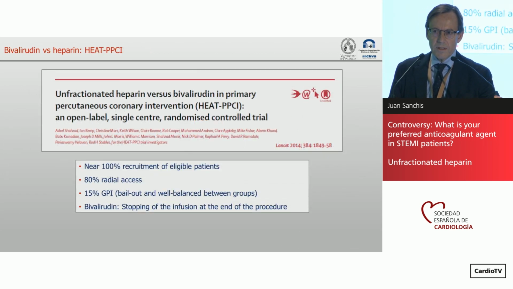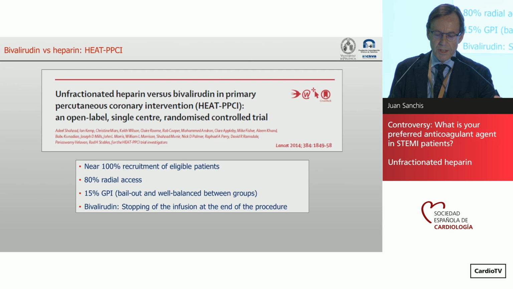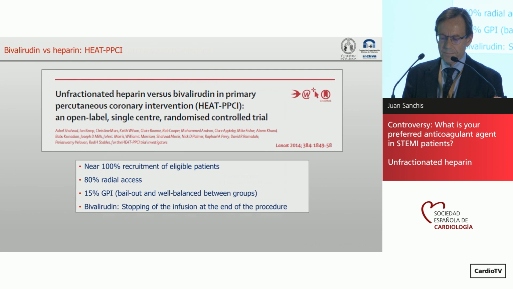The HEAT-PPCI trial compared bivalirudin and heparin in primary PCI. This trial reproduced quite well clinical practice. Little selection bias, radial access, low use of GPI, and the infusion of bivalirudin stopped at the end of the procedure.